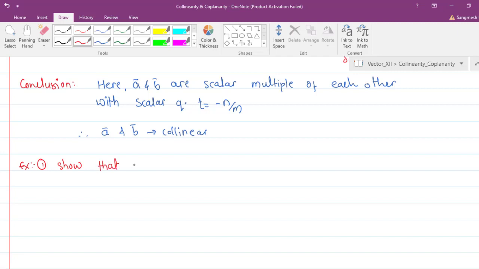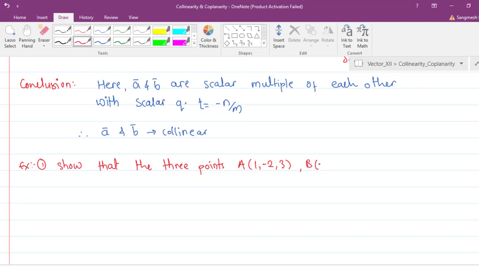Show that the 3 points A(1, -2, 3), B(2, 3, -4), and C(0, -7, 10) are collinear. We have to show that these three given points are collinear using the vector form.